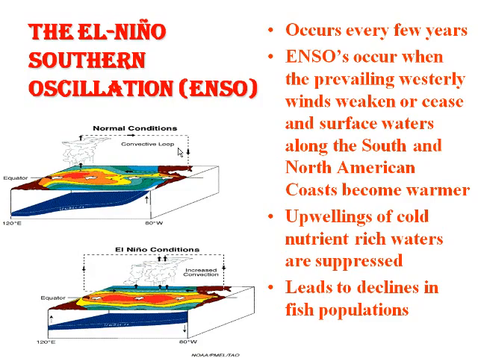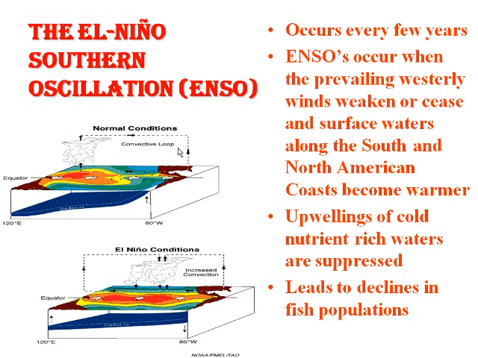Okay, so now we're moving into El Nino and La Nina. So the El Nino Southern Oscillation, which we're going to go with ENSO, happens every few years, and it happens when the westerly winds weaken or stop, and the surface waters get warmer. That suppresses upwelling, which leads to declines in fish populations.